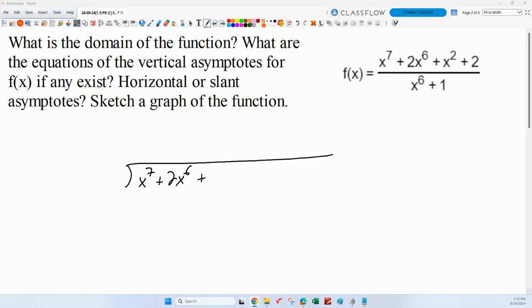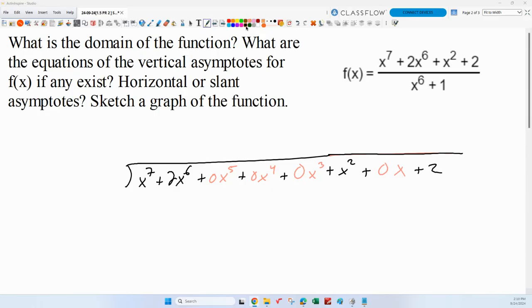So we're going to get plus 0x to the 5th plus 0x to the 4th plus 0x cubed plus x squared plus 0x plus 2.